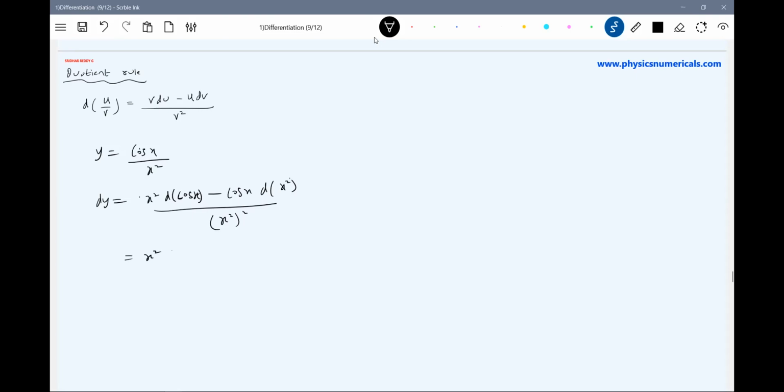Derivative of cos x will be minus sin x. Derivative of x square will be 2x. And the dx, divided by x to the power of 4. So this will become dy by dx is equal to minus x square sin x minus 2x cos x by x to the power of 4.